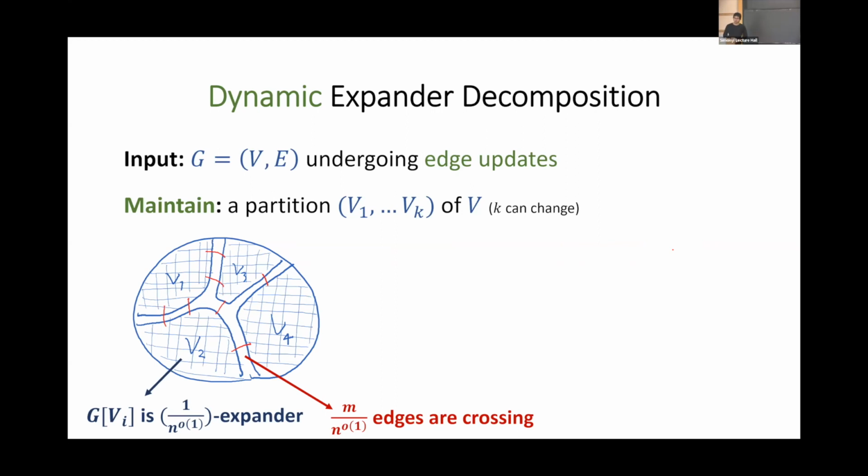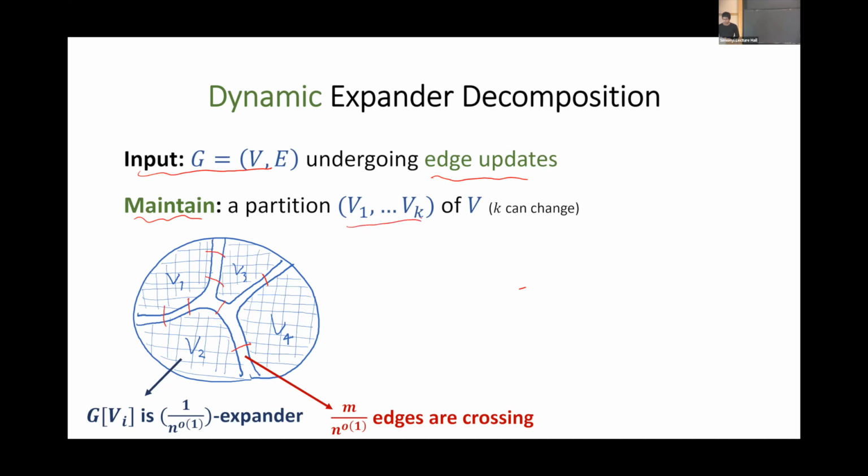So what do I mean by dynamic expander decomposition? I just mean that you have a graph like before, but now the graph undergoes some sequence of edge updates. And what we want is to maintain this expander decomposition at every time step. So we want to maintain this partition of nodes.